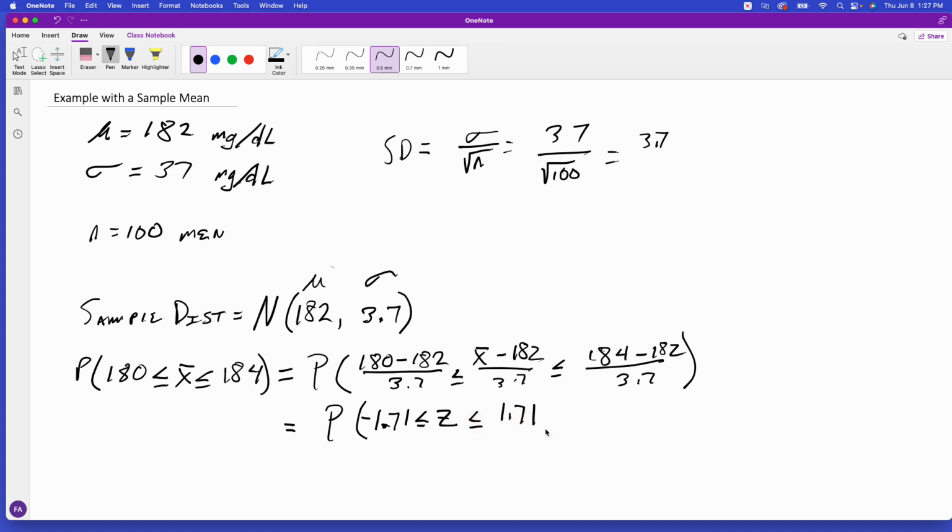The other direction, now, some of you may be thinking, well, those numbers are oddly symmetrical there. Well, yeah, of course they are. Remember, when we do a standard Z, we're recentering our mu value to 0, right? And this x bar was 182, so 182 minus 182 puts it at 0, and dividing 0 by anything gives us 0.